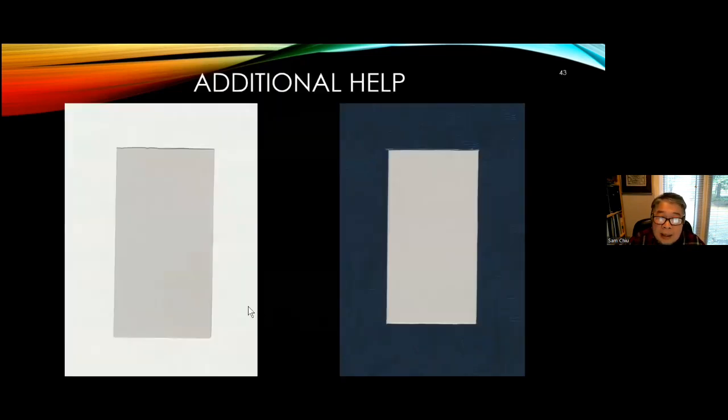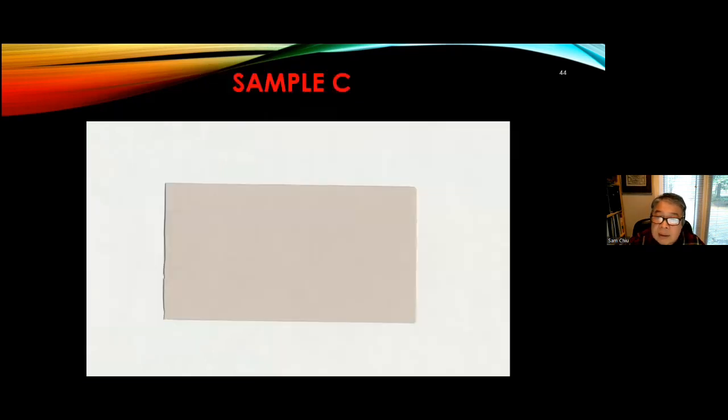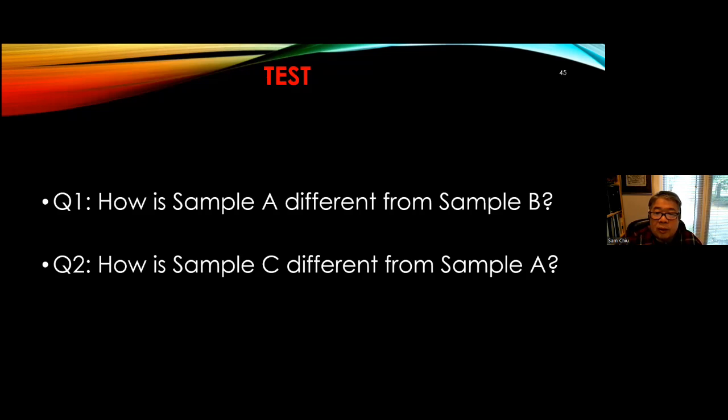Sample A and sample B. Try to remember that. Now, this is sample C. Two questions. How is sample A different from sample B? And then how is sample C different from sample A?